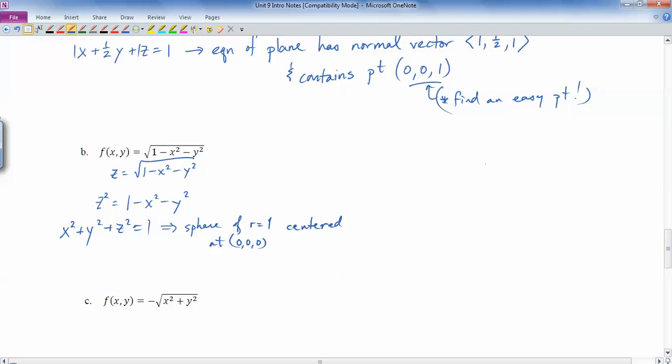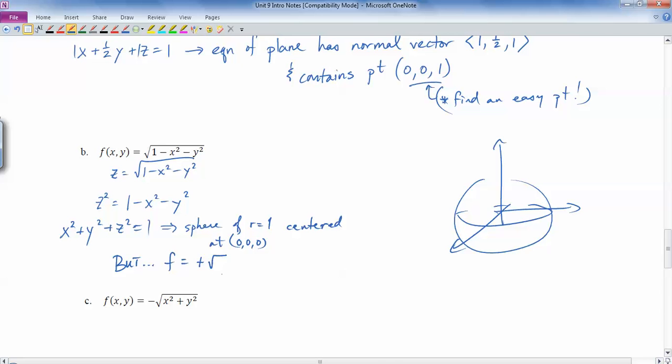Okay, so if I just graphed it right now, it would look like this, right? That, but the original function is really just the positive root of that, right? Z is just the positive part. So f of xy is only the top hemisphere, let's say.